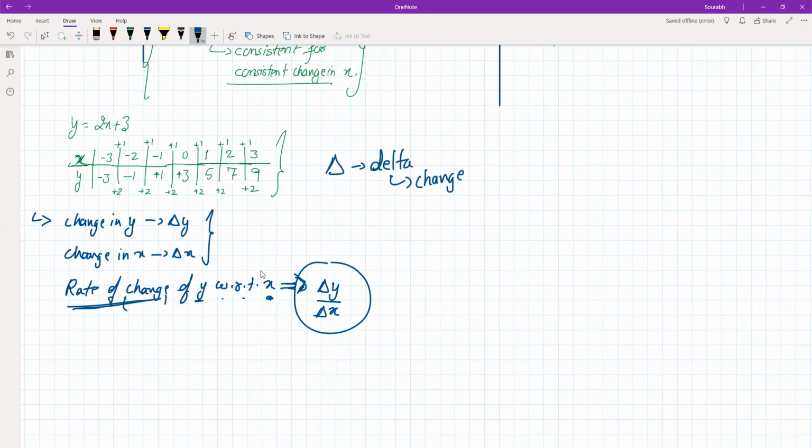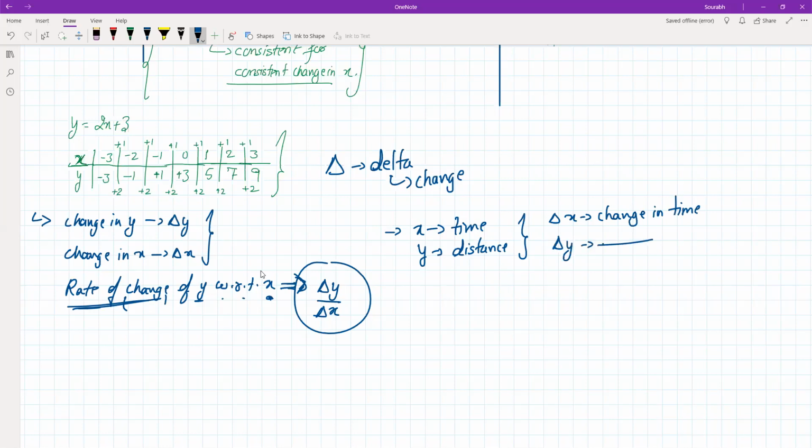And we need this in many places. For example, say one quantity x represents time and another quantity y represents distance. So now what does that mean? Delta x will represent what? Change in time. And what will delta y represent? Change in distance, right?